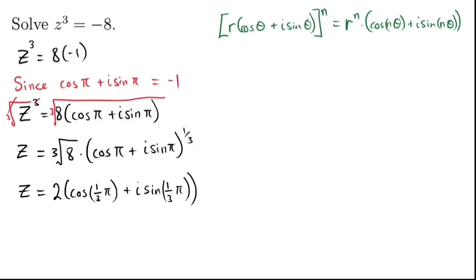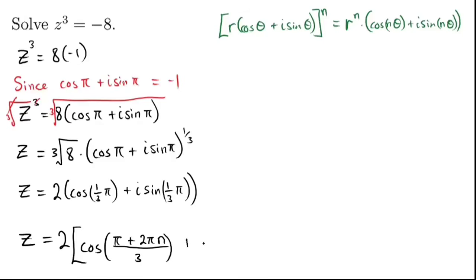Now what we want is to find 3 values of z, simply because z is raised to the power 3. So to generalize it, we're going to write it like this. Z is equal to 2 open bracket, cos of pi plus 2 pi n, all over 3, plus I sine of the same thing.